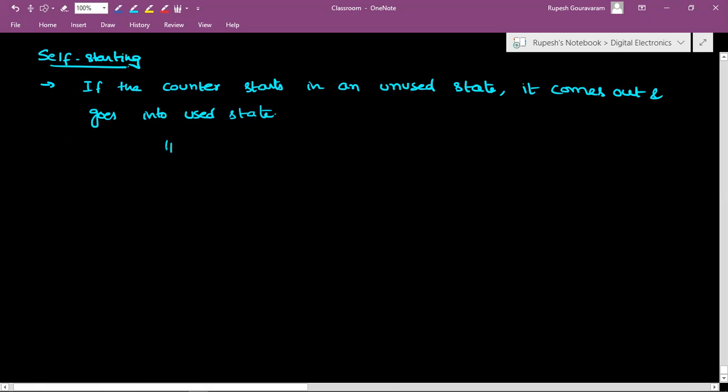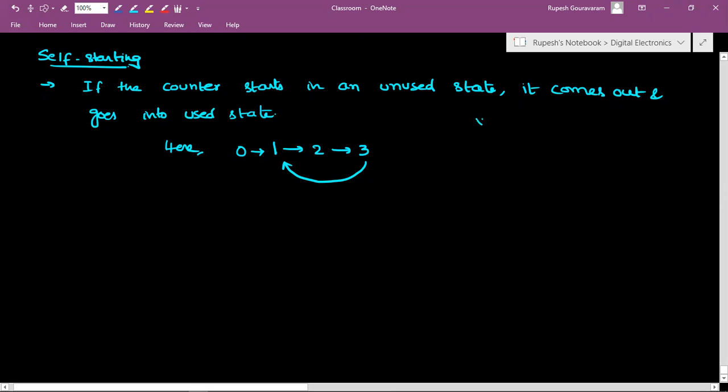Here in the previous question, the sequence goes like this: 1, then 2, then 3. From 3 again it comes to 1. That means the zero state is unused here. How many states are possible? There are two D flip-flops, that is 2 flip-flops means 2 Qs will be there. So 2 bits are possible.